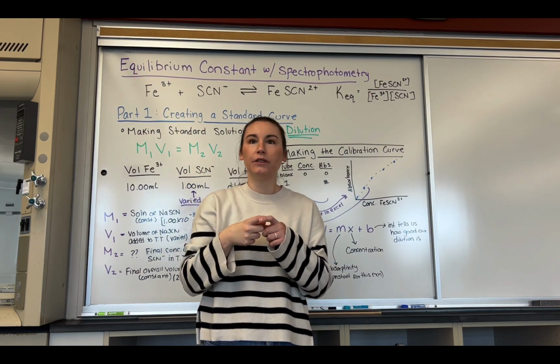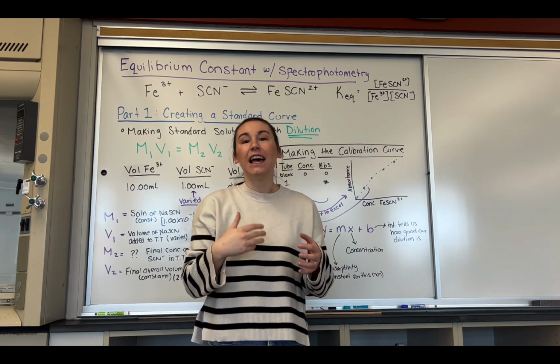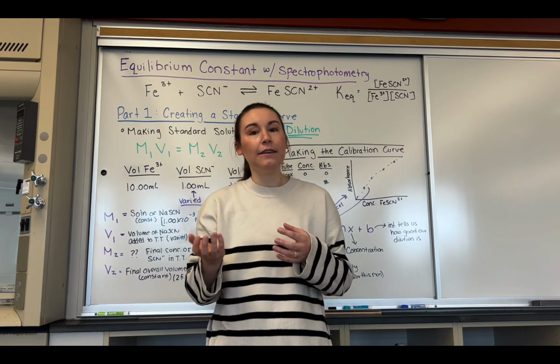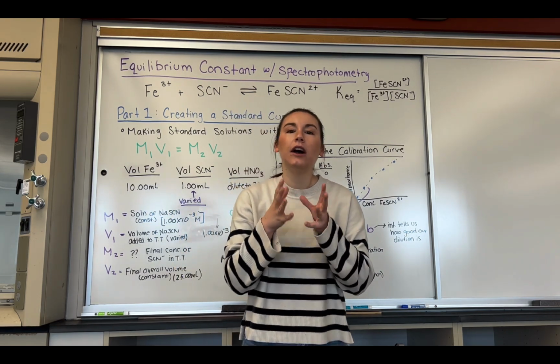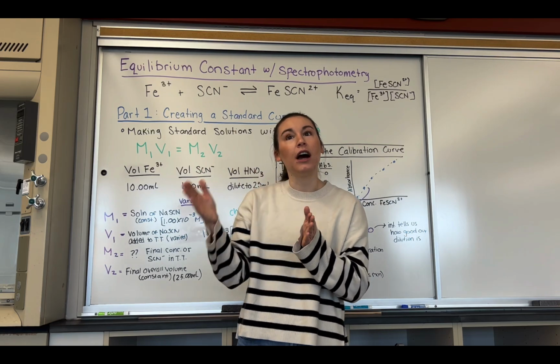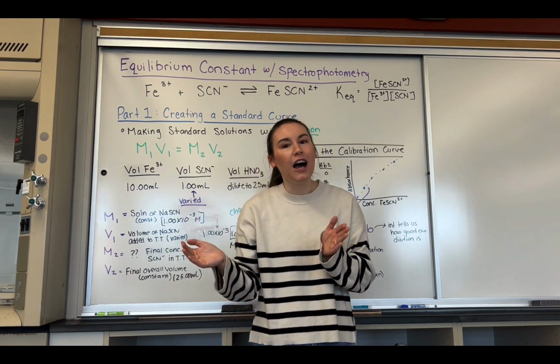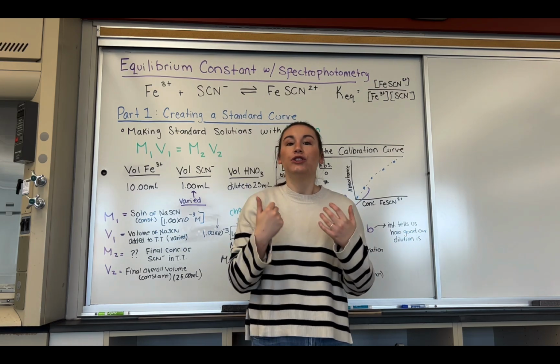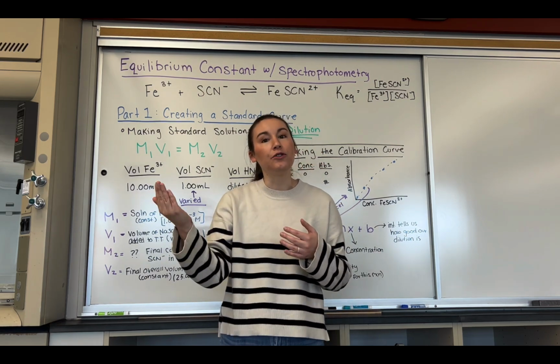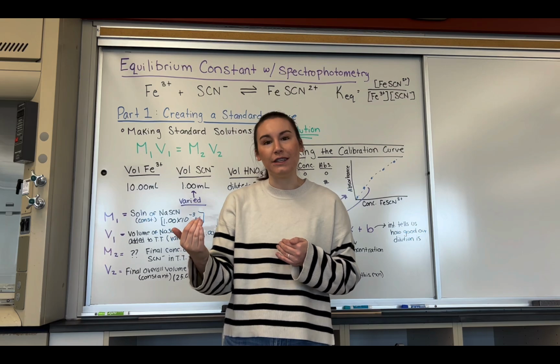And what that spectrophotometer does is it measures how much of a specific wavelength of light is absorbed by that solution. As a solution gets more and more concentrated or darker in color, it's going to absorb more and more light, okay? So our absorbance should increase as our concentration increases, okay?